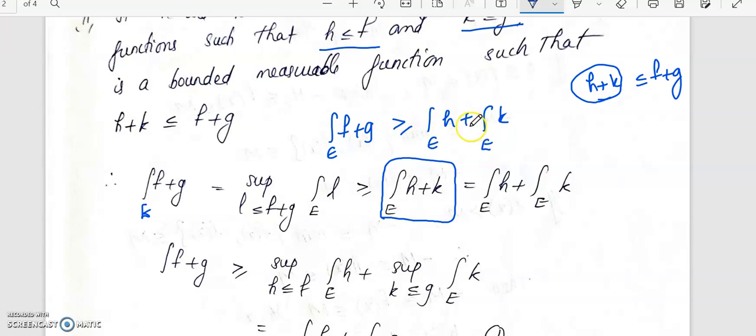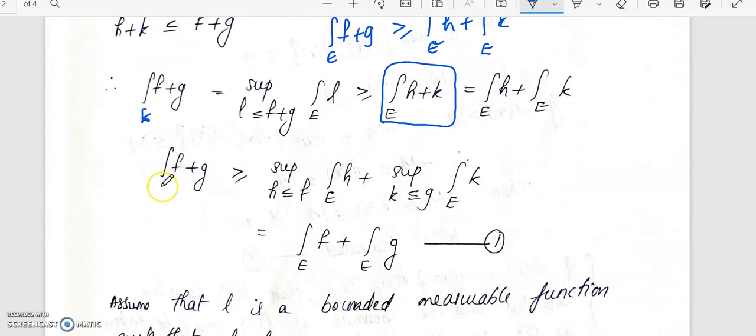Now this is true for any arbitrary h and k. So this will be true for the supremum of these integrals, supremum over integral h and supremum over integral k.